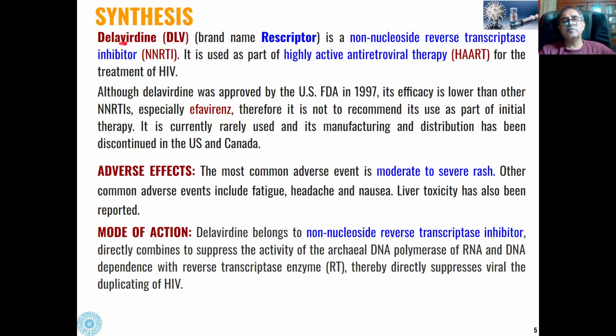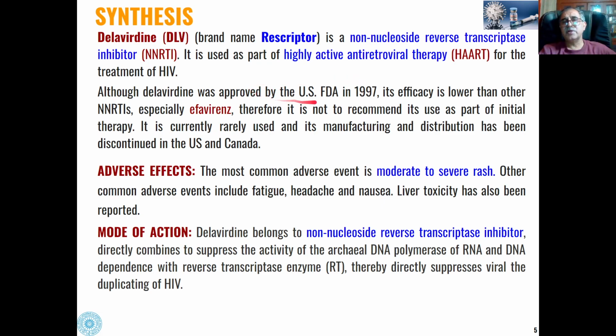And first we will discuss about synthesis of delavirdine, and its brand name is Rescriptor. This is again used as part of highly active antiretroviral therapy for treatment of HIV. That means it is given in combination with other antiviral agents.